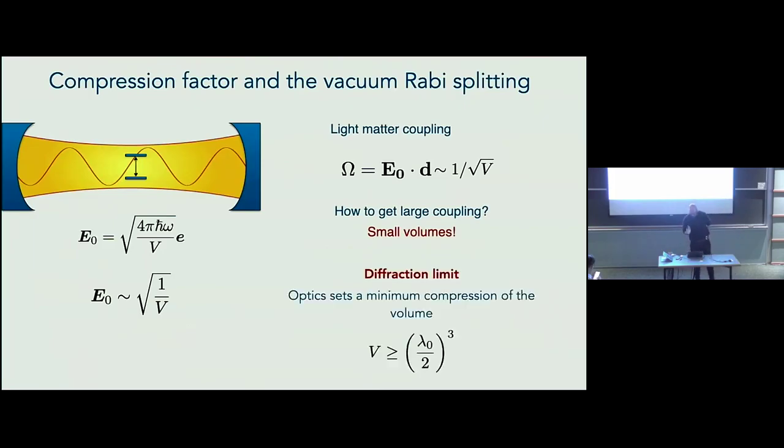But somehow there is a complication that is what I'm really interested in in this talk, that is this diffraction limit. So basically, optics sets a minimum compression of the volume. So you cannot squeeze your cavity below lambda naught to the power of 3, and this is given by the frequency. Once you set your resonance, you cannot squeeze your cavity too much.